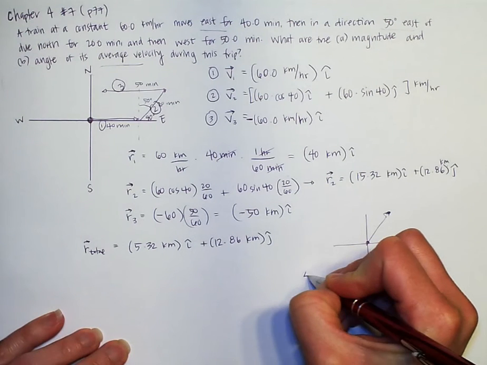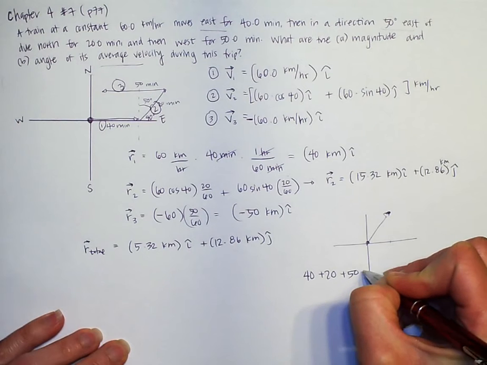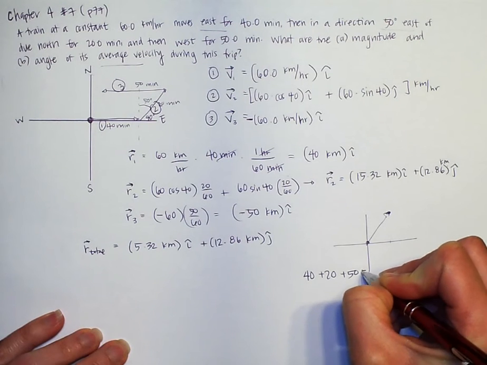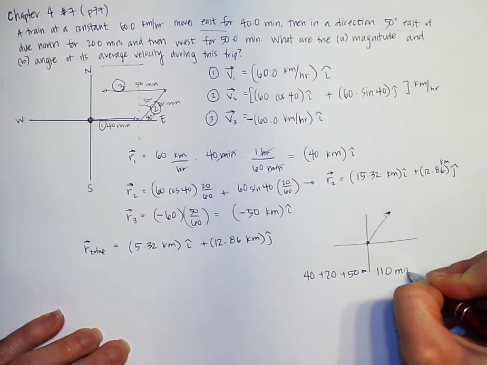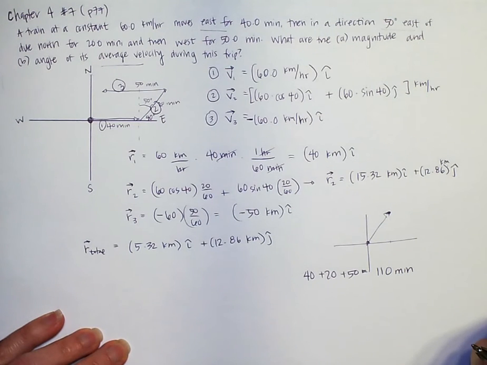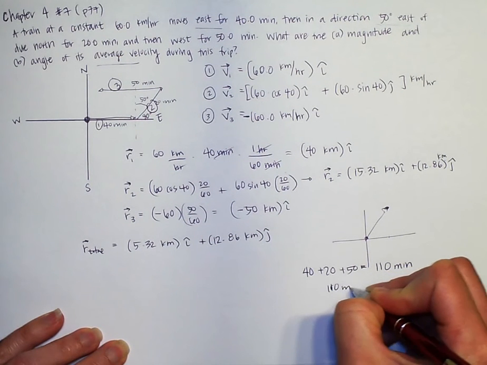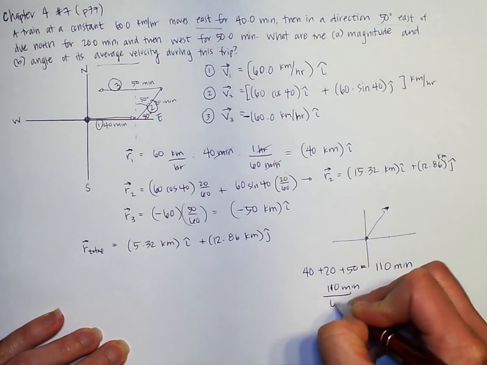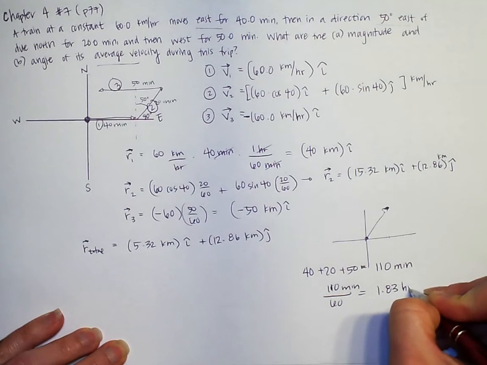And so we traveled for 40 minutes, and then 20 minutes, and then 50 minutes. And so this will equal 110 minutes. But of course, we want to know our speed in kilometers per hour. And so 110 minutes divided by 60 will get us 1.83 hours.